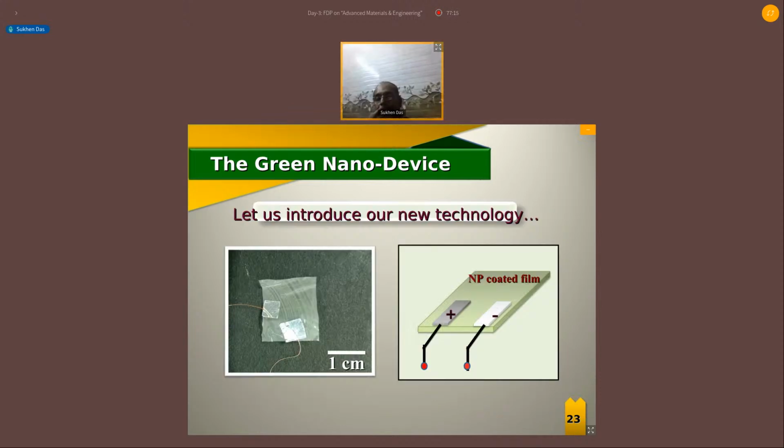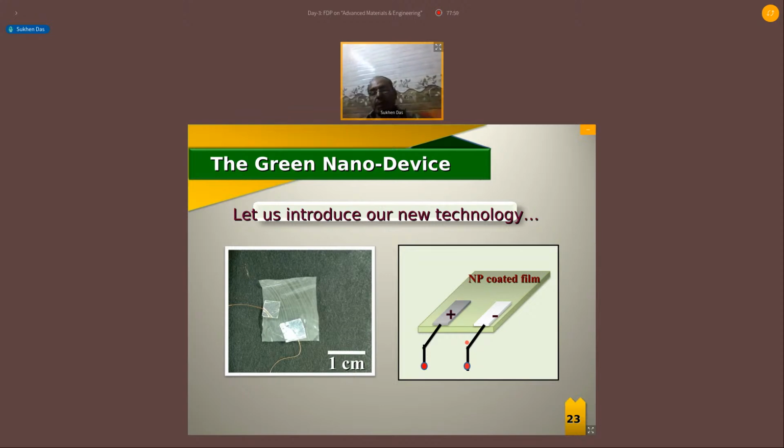Now, to make a solid cell, we have done one thing. We have taken PVDF, that is polyvinyl fluoride. Polyvinyl fluoride is a very commonly used polymer. It is not very costly and is easily available. We have made a solution of this PVDF. PVDF is soluble in DMSO. In DMSO, we have made a solution of this PVDF, and in that I have added our dust.